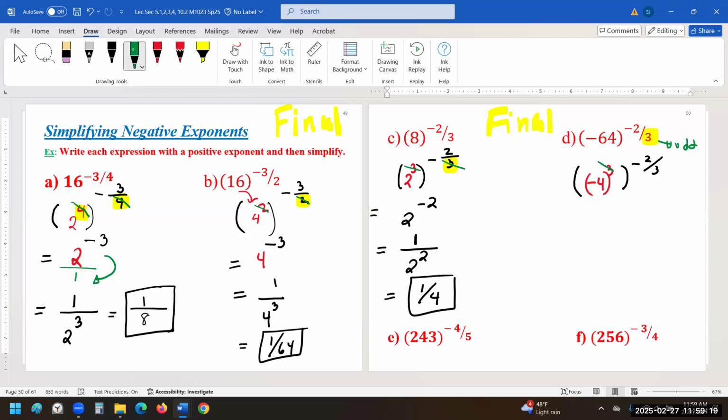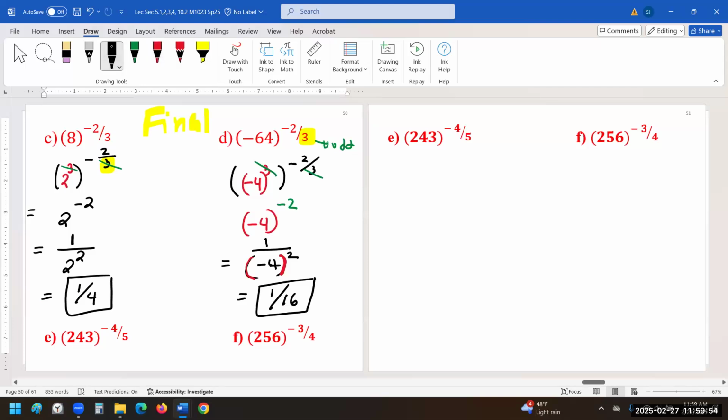So we cancel the 3 power, but we still have negative 4 on the base and negative 2 power on the top. So it turns into a fraction, negative 4 to the positive 2, and negative 4 squared is negative 4 times negative 4. So it turns into 1 over positive 16. And yes, always carry down your parentheses when your base is negative.